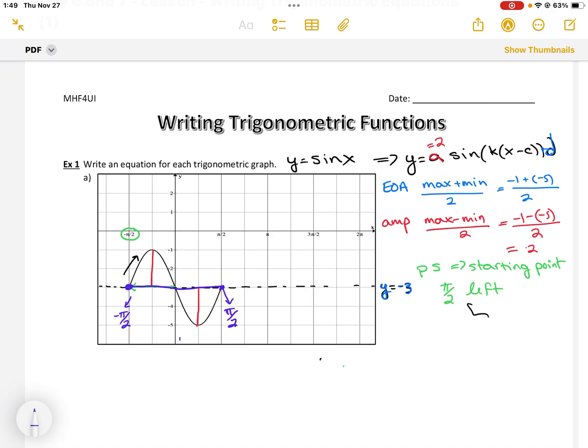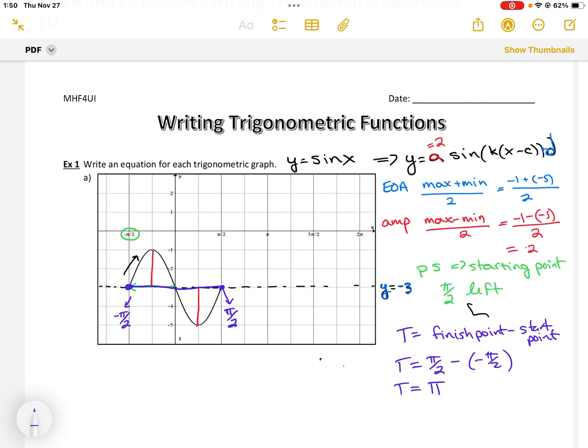So in order to find my period, I'm going to do my finishing point, take away the start point, or graphically I can look at the scale and determine that as well. My finishing point is π/2, and I'm taking away my start point, which is -π/2, which is going to give me a period of pi, which I can also see by using the scale on my graph.